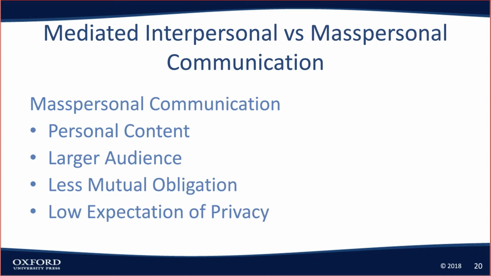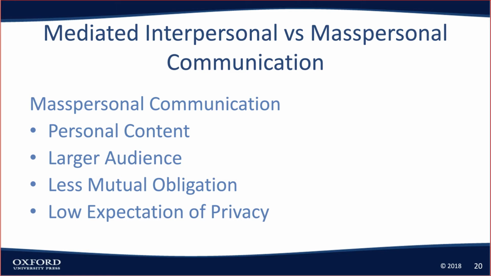Okay. Mass personal communication, on the other hand, it's still personal content, right? Because you're writing about yourself. The audience is larger. I mean, I've got a group of friends that we text. There are 6 of us, okay, and I will send something.